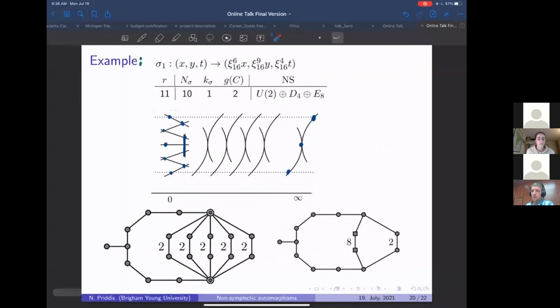And then we ask, what does the non-symplectic automorphism do to this? Here's the non-symplectic automorphism. You can check, it fixes all those blue dots that I wrote. It fixes this curve here, and it permutes these amongst themselves like this.